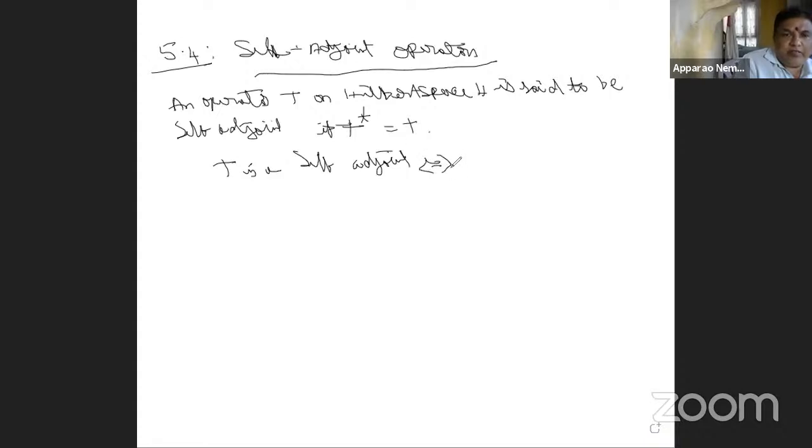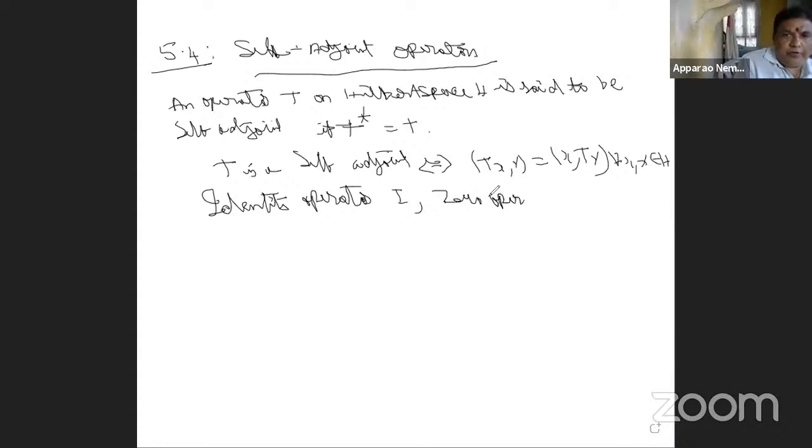T is self-adjoint if and only if (Tx, y) equals (x, Ty) for all x, y belonging to H, where H means Hilbert space. The identity operator I and the zero operator 0 are self-adjoint operators.